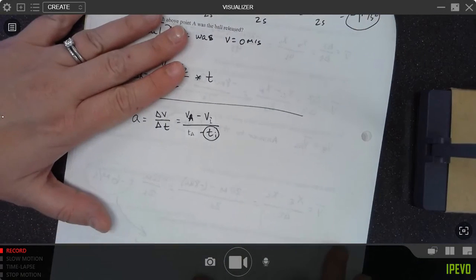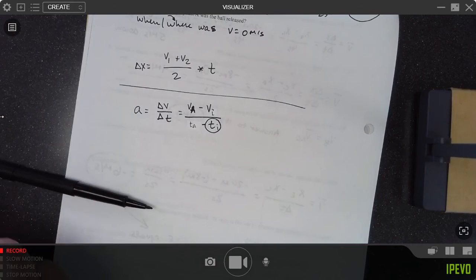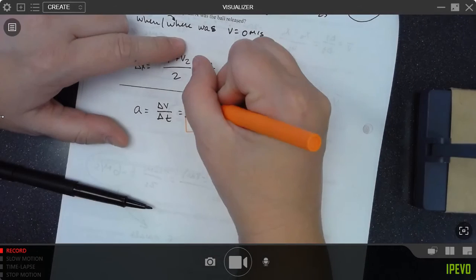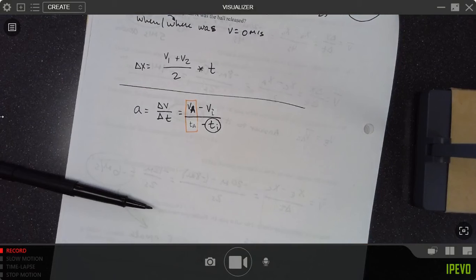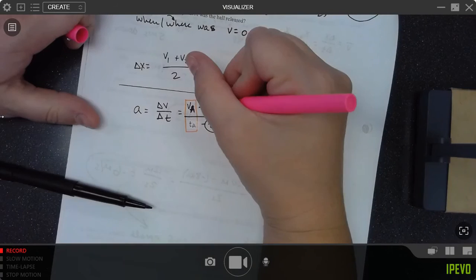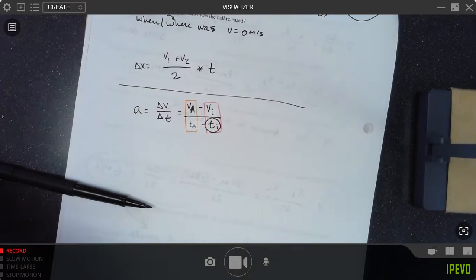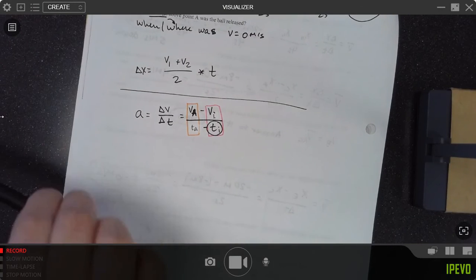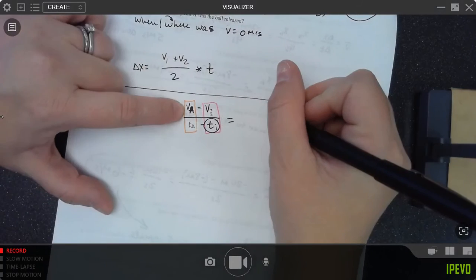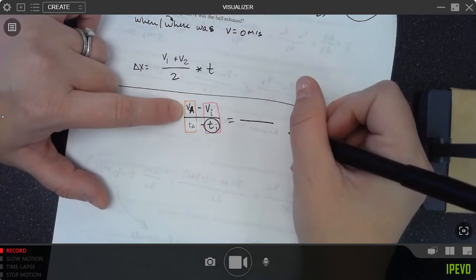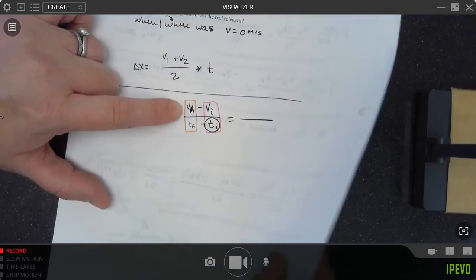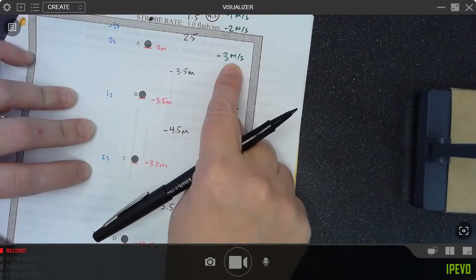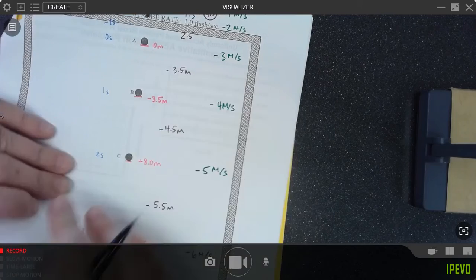All right. So we've got 2 pieces here that coincide with our A point, and our 2 pieces of information that go with the initial point that we don't know where or when it is. So we do know this information, right? Our velocity at A, we figured this out. Our velocity at A was -3 meters per second.